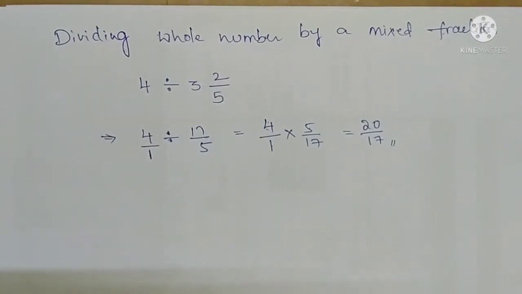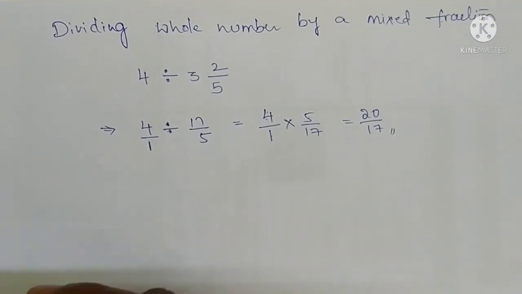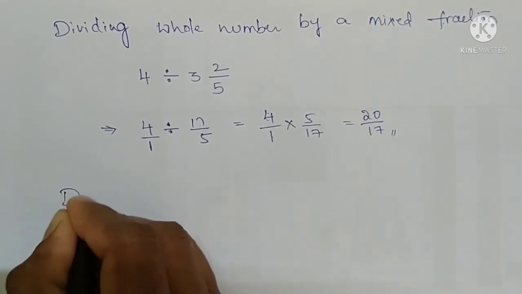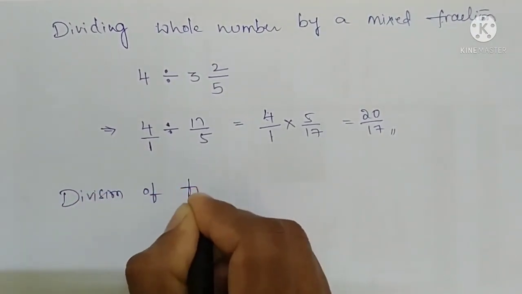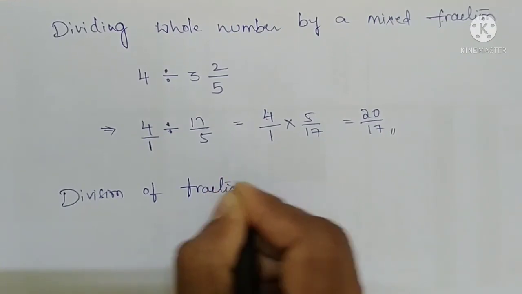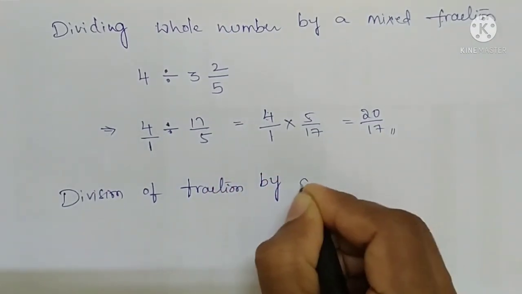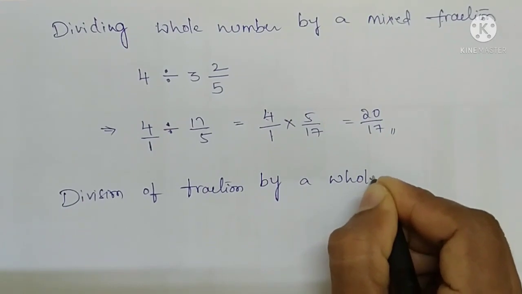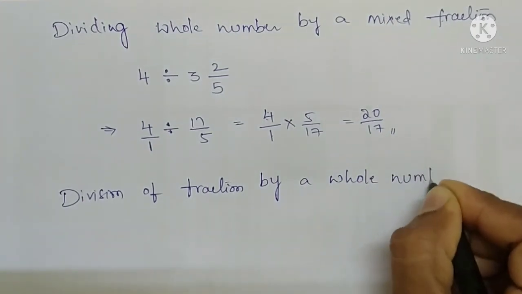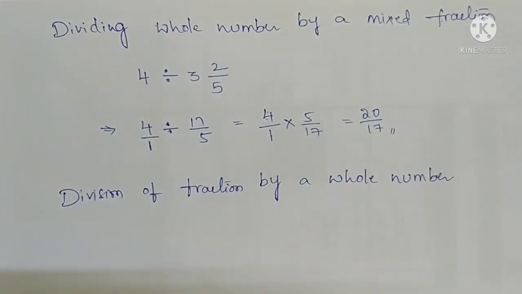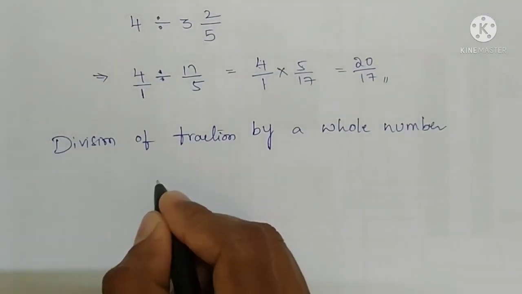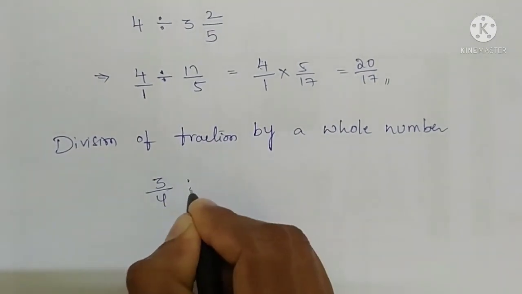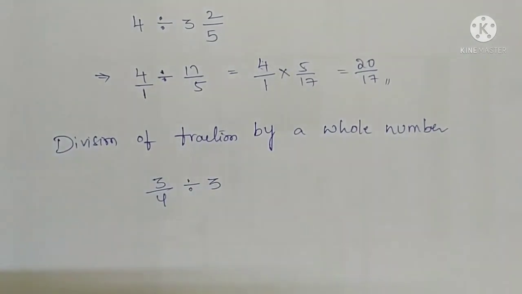Next case is division of a fraction by a whole number. Take one example: 3 by 4 divided by 3.